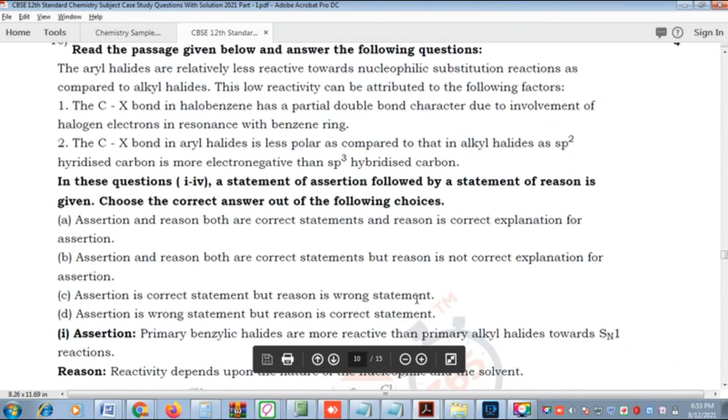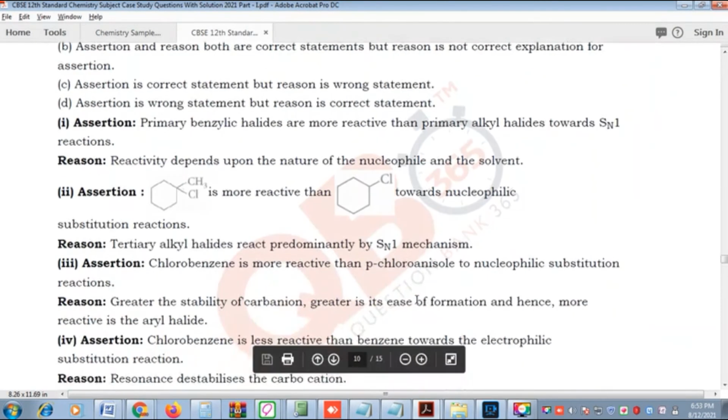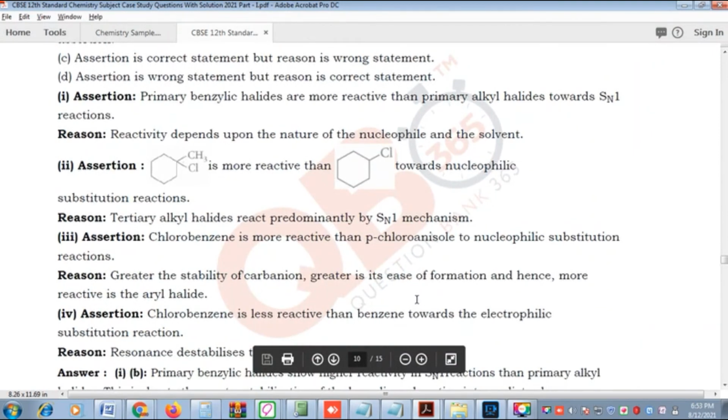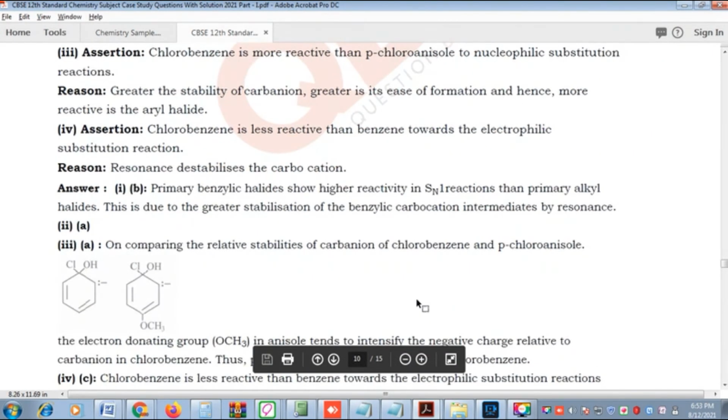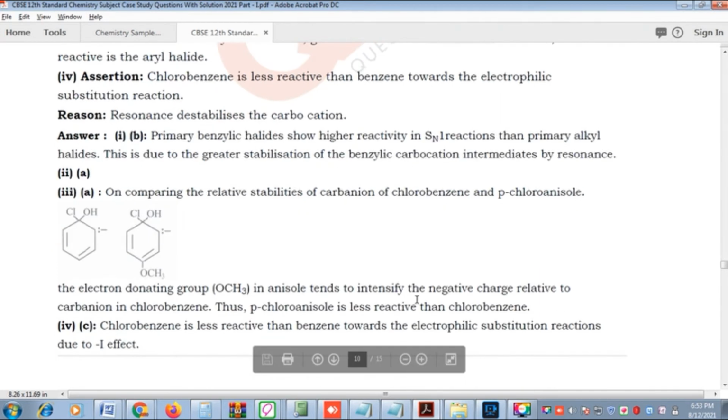The 2021 public exam will be held in 2 different phases. The first phase will be conducted in the coming November and December. So before that you have to know about multiple choice questions, case study questions and other important question types.